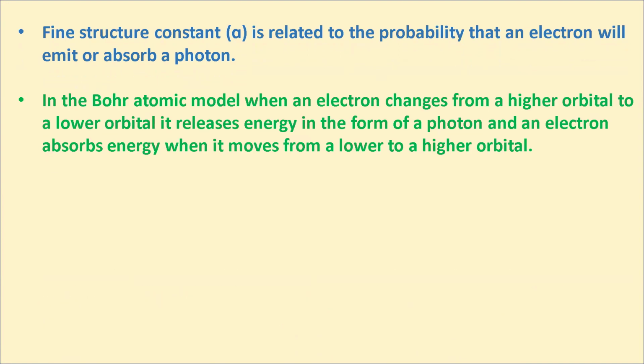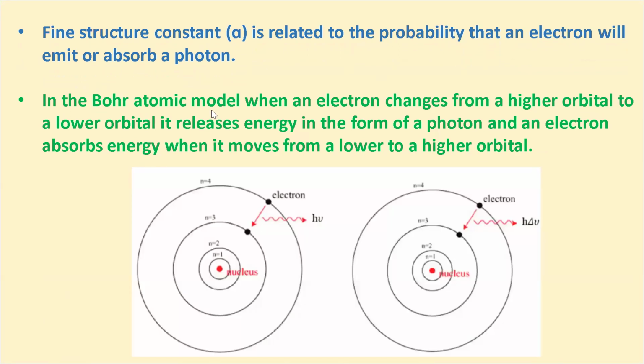So in the Bohr atomic model, when an electron changes from a higher orbit to a lower orbit, it releases energy in the form of a photon. And if the electron absorbs energy, then it moves from a lower to a higher orbit. So here you can see the electron moving from higher to lower, releasing a photon.